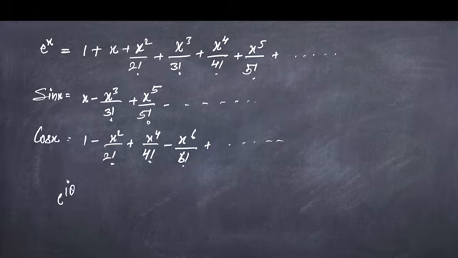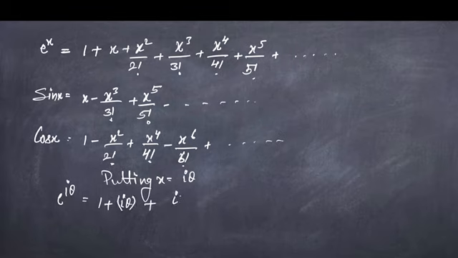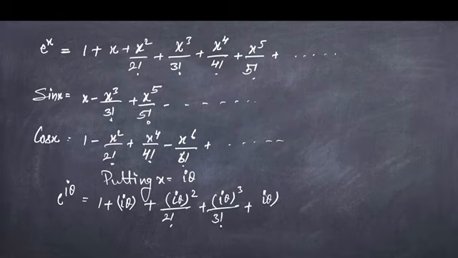So when putting x equal to iota theta, we will get e to the power iota theta equals 1 plus iota theta plus iota theta to the square upon 2 factorial plus iota theta to the cube upon 3 factorial plus iota theta to the power 4 upon 4 factorial plus iota theta to the power 5 upon 5 factorial and so on.